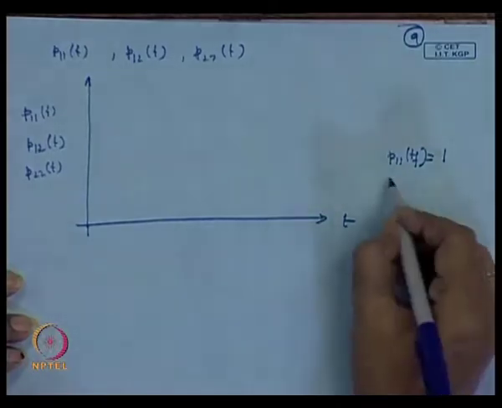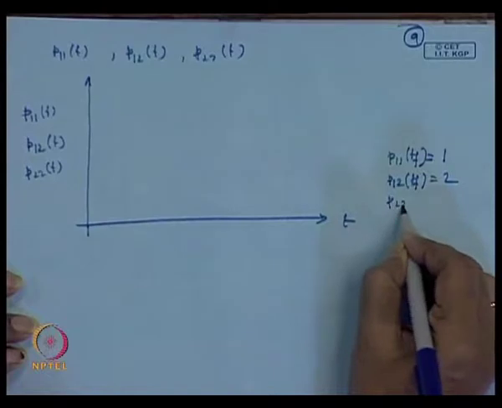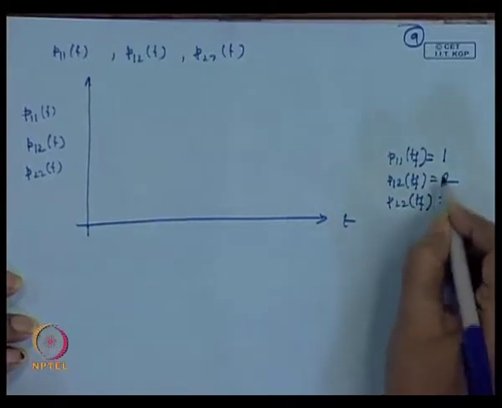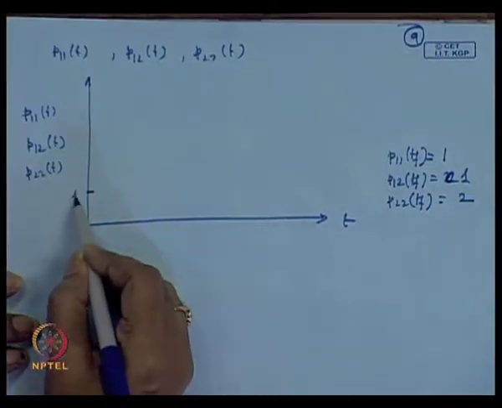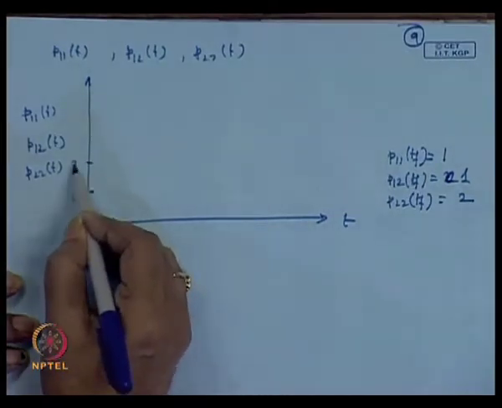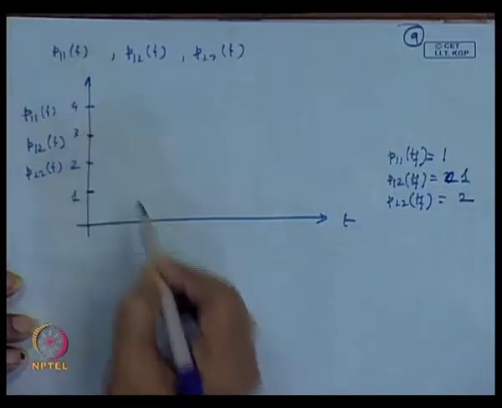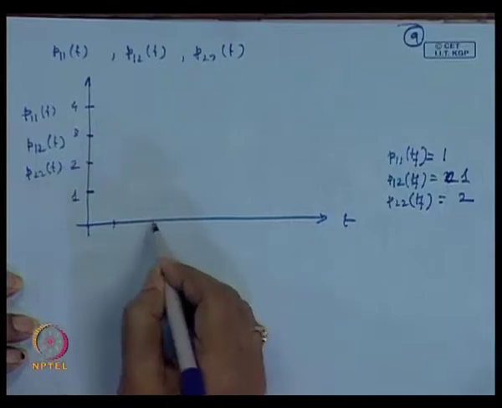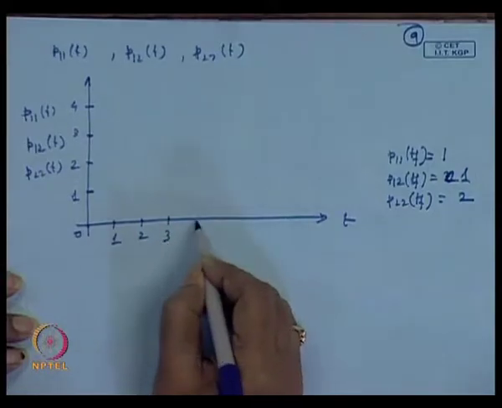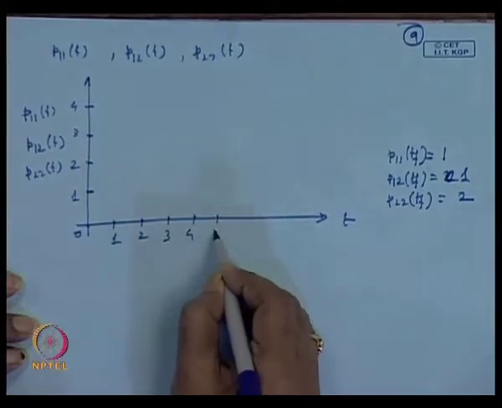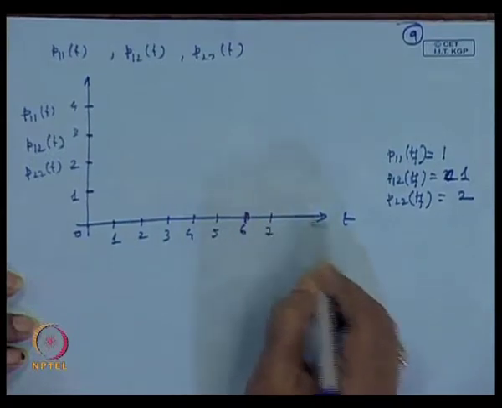Let us mark the axis as 1, 2, 3, 4, and time as 1, 2, 3, 4, 5, 6, 7.